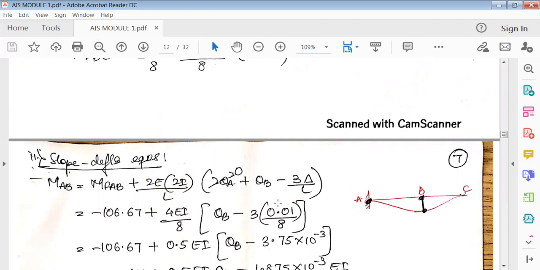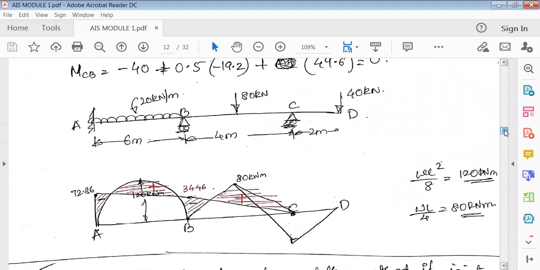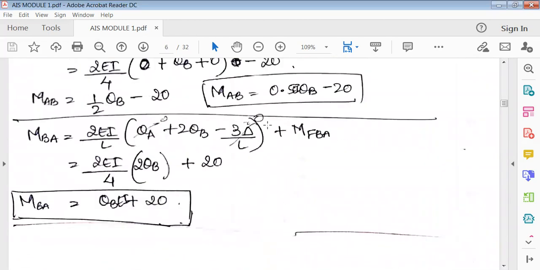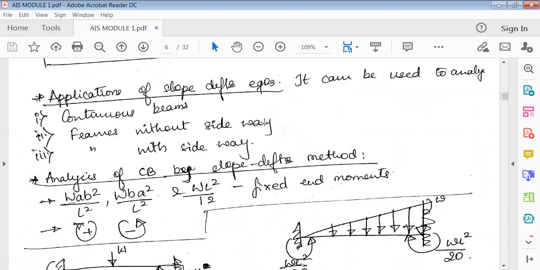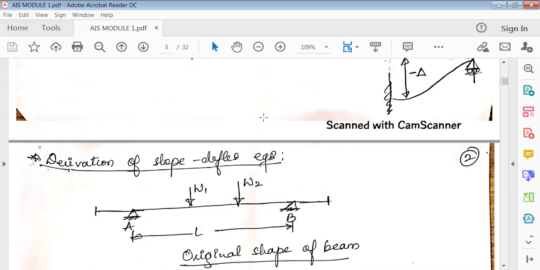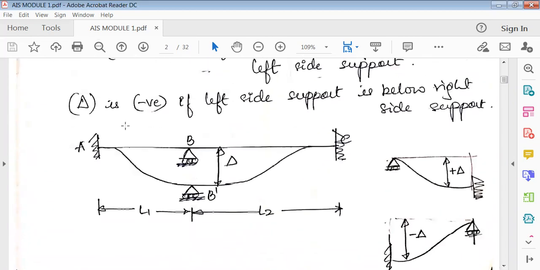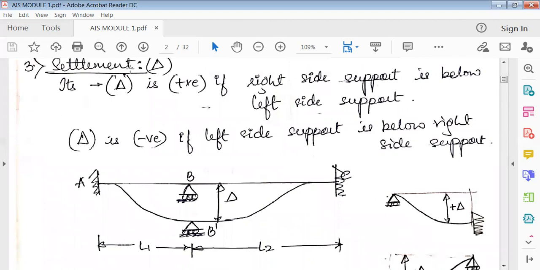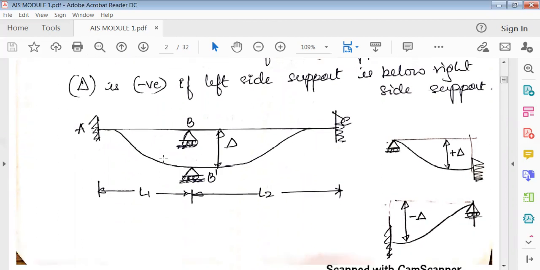Now, how to analyze this: what we have studied previously, in the first class at the start of the chapter, we have taken the sign conventions. You can see here in the sign conventions, settlement is nothing but sinking. So this is a continuous beam now, ABC. Always this is left and this is right. Whenever considering two spans, one is left, one is right.